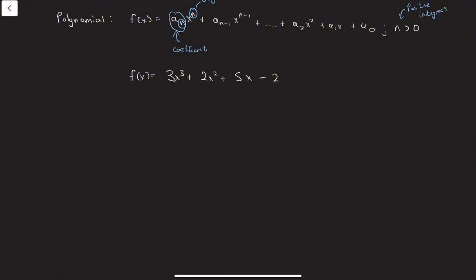So the next function we're going to touch on is a rational function. A rational function is just the ratio of two polynomials. So let's write that down. Again, very straightforward.